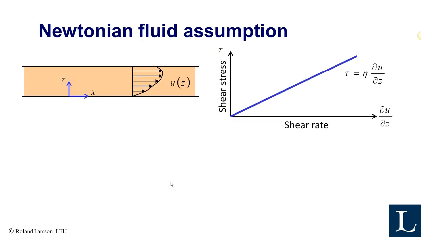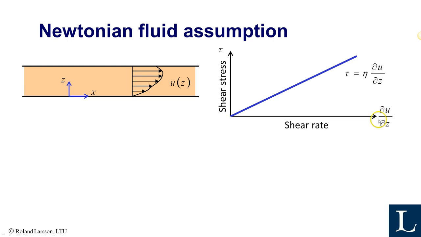The next thing is to think about what kind of fluid we have here, and as we already assumed, it's a Newtonian fluid. That means that there is a linear relationship between shear stress and shear rate, like this, and the proportionality constant eta is the dynamic viscosity.